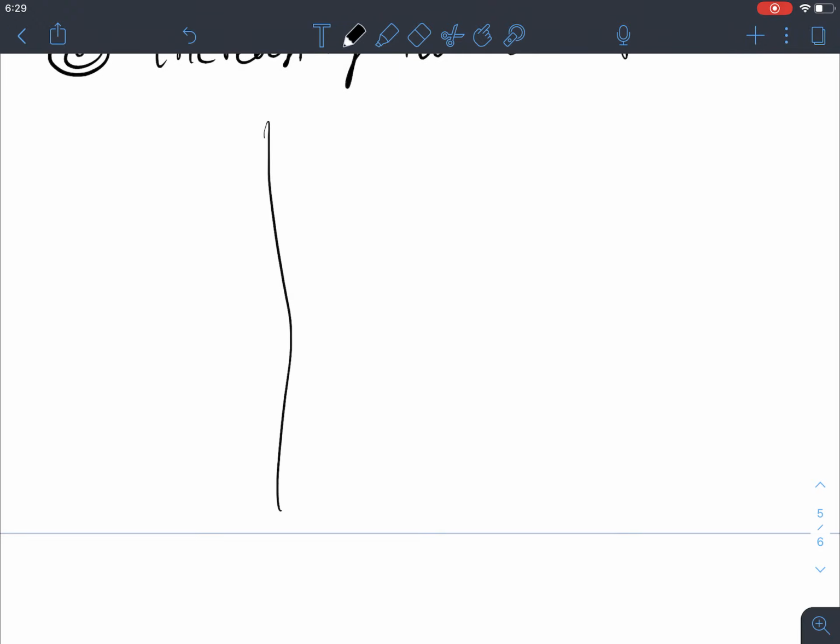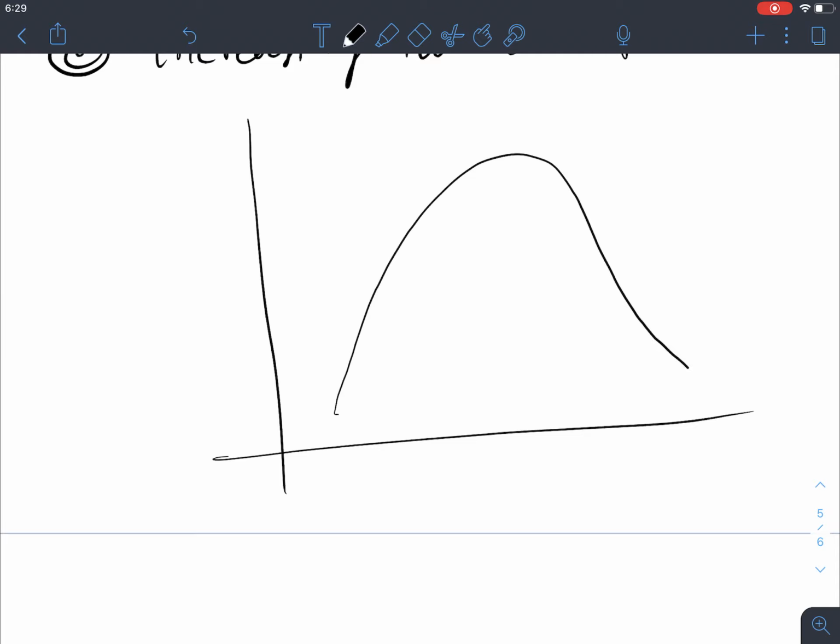What is that? So basically, if we draw the TS diagram, initially our TS diagram was something like this, right?